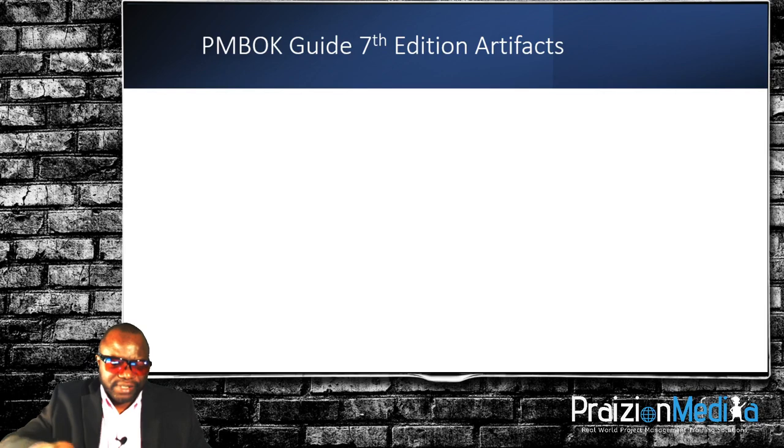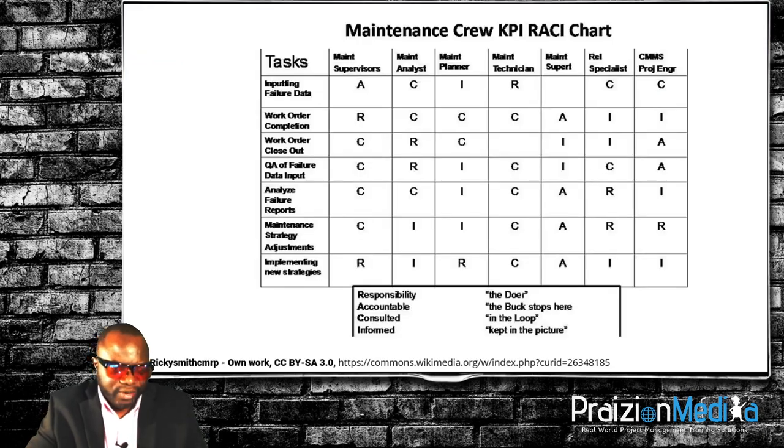The next one is the SEAM, the Stakeholder Engagement Assessment Matrix. I will have to show you this one for sure. Let me see if I can bring up the SEAM, if I've got this to show you.